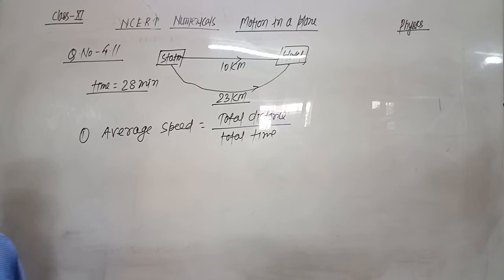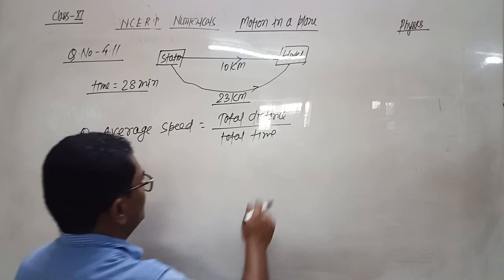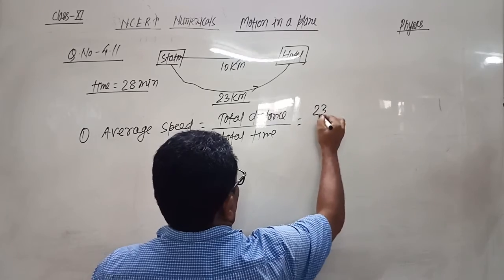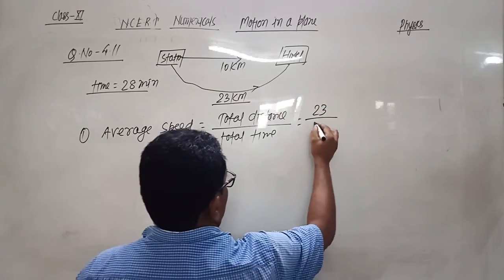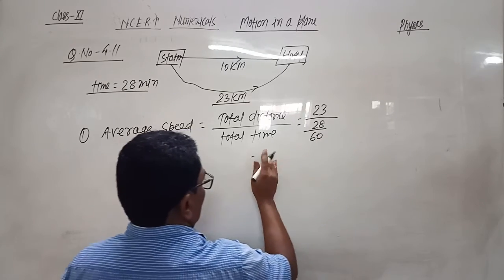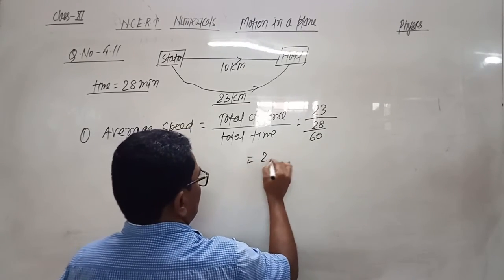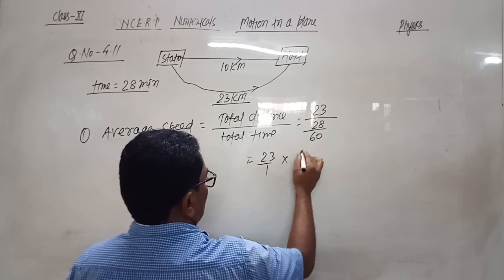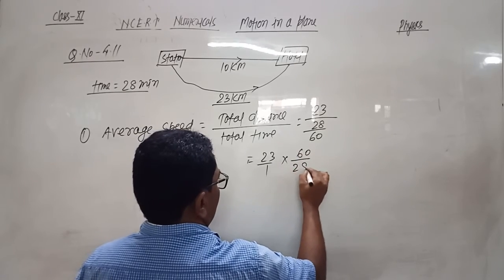The distance is given as 23 km, and the time taken is 28 minutes. So we convert this minute into hour. We get 23 upon 1 into 60 by 28.